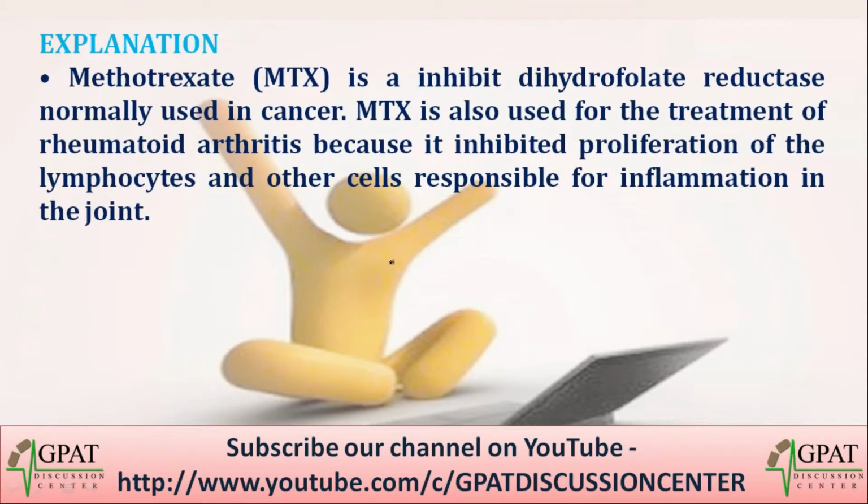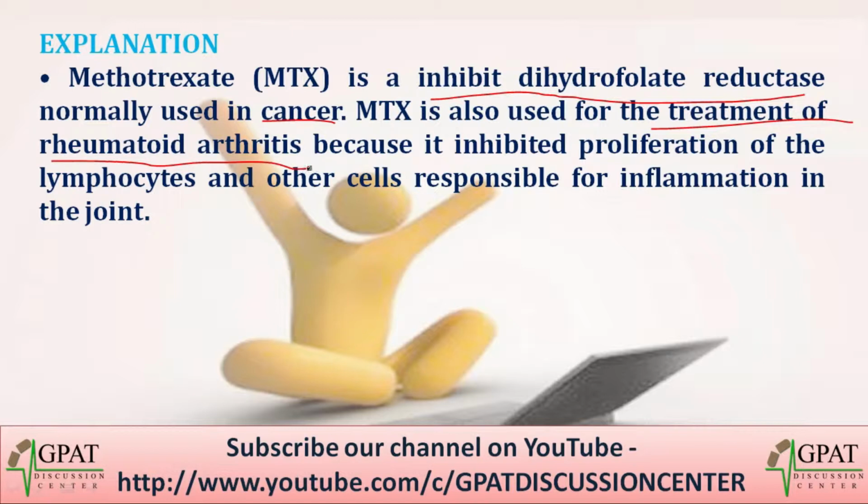Methotrexate inhibits dihydrofolate reductase, and it is also used in cancer. Students, try to learn this: it inhibits dihydrofolate reductase, and it is also used for the treatment of rheumatoid arthritis.